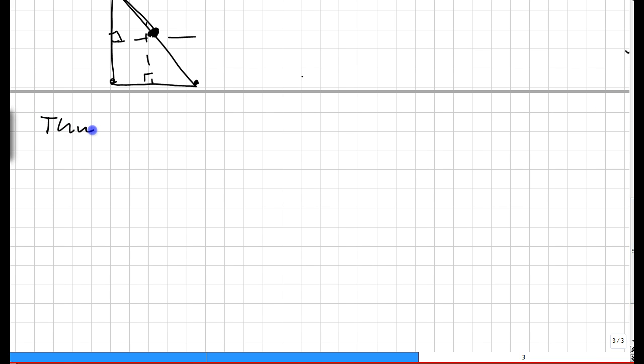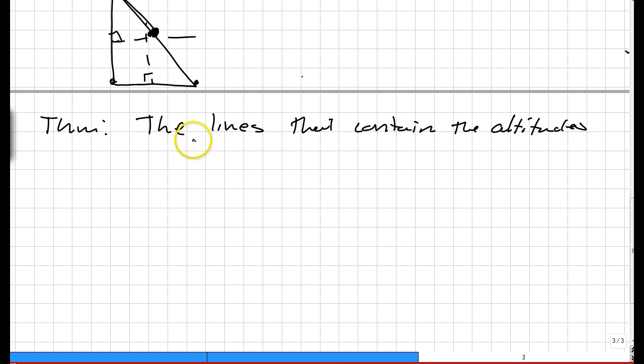The next theorem. It just says the lines that contain the altitudes of a triangle intersect in a point.